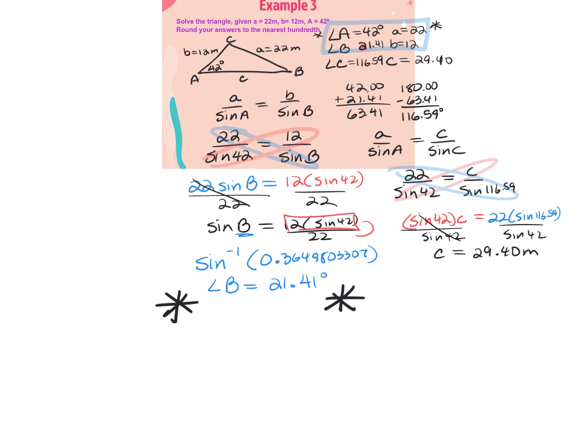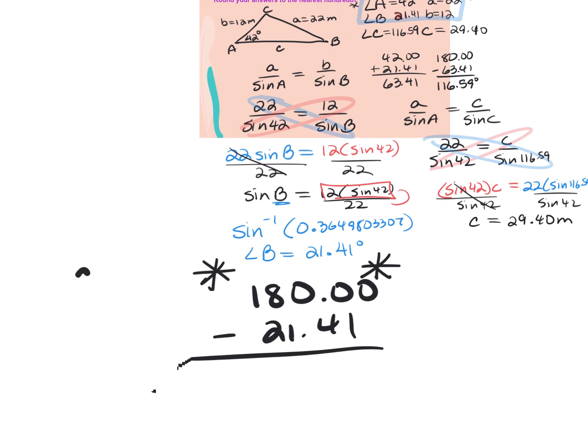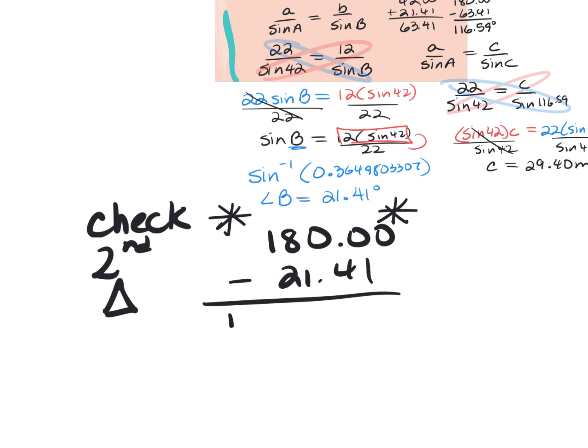and you subtract it from 180. So 180 minus 21.41. This is the check for the second triangle. Once you subtract that, you get 158.59.